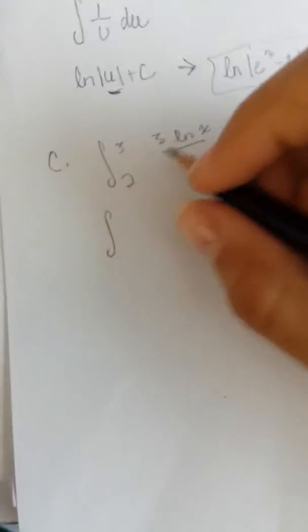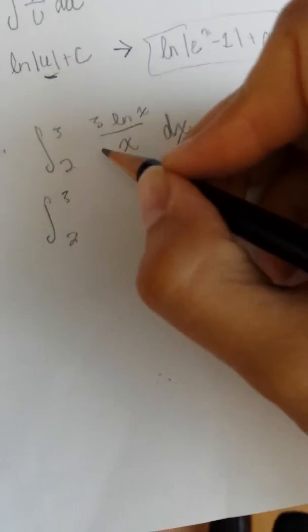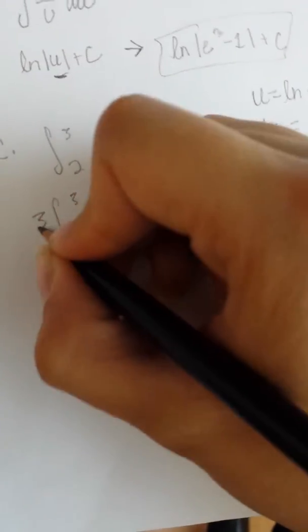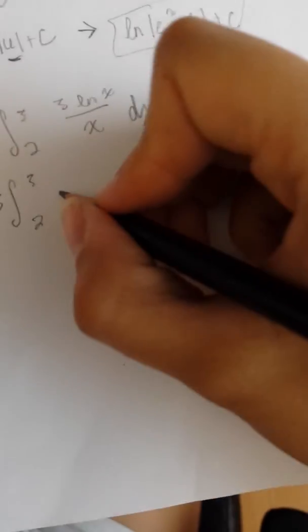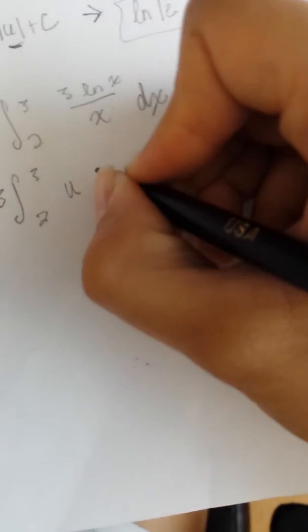So you have the integral of 3 over 2, and what I did was I pulled out this 3, so that's outside of the integral. And then you have your u, and then your du, 1 over x dx. So what you've got to do now is integrate.